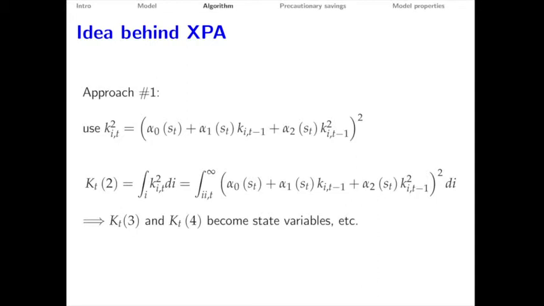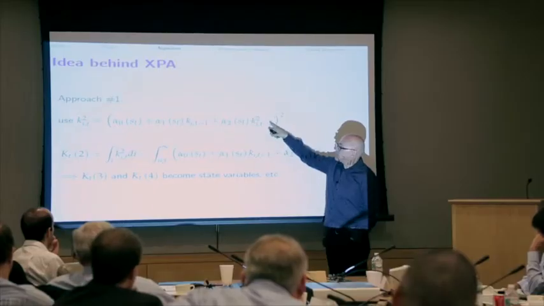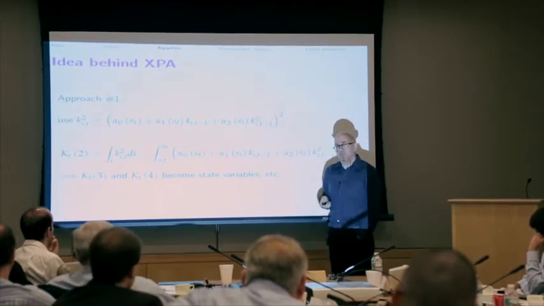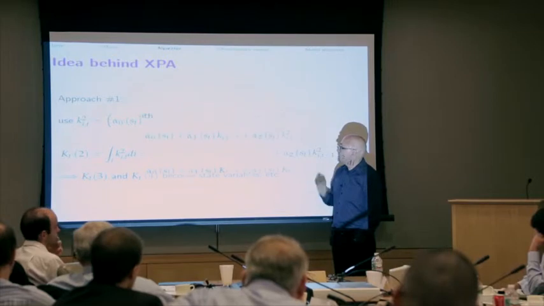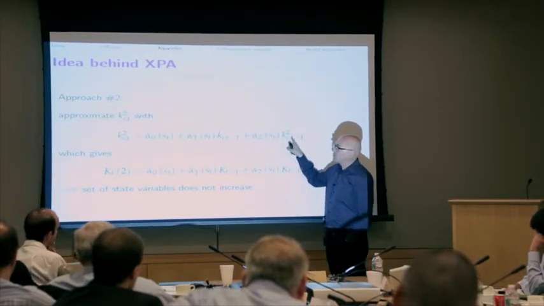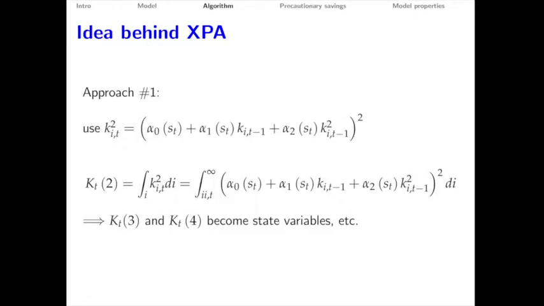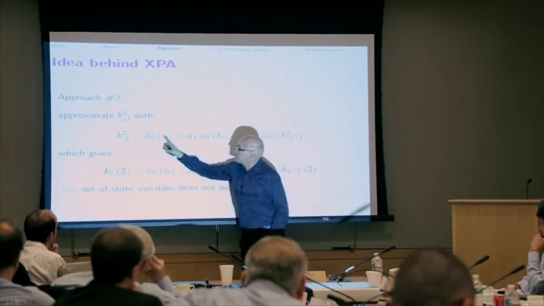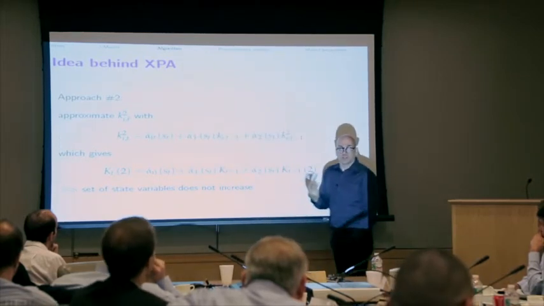We say, well, instead of using this law of motion for ki square, we're going to come up with a separate approximation, namely this one. So we basically say that we're going to project ki square on the exact same set of variables. So we're going to skip the higher order ones. So these coefficients over here are now just new coefficients.